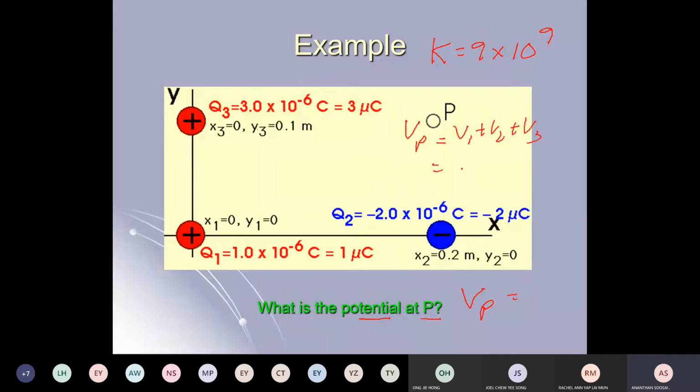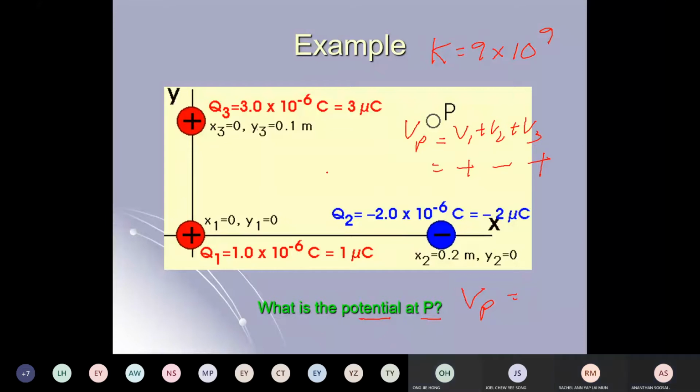Tell me, is V1, caused by Q1, going to be positive or negative? Positive. V2 is negative, and V3 is positive. For V1, what is the distance you use?